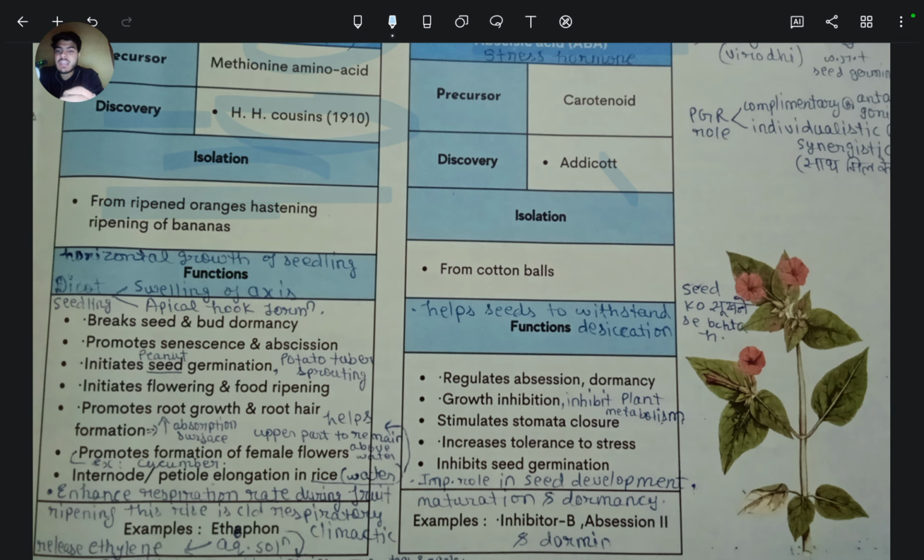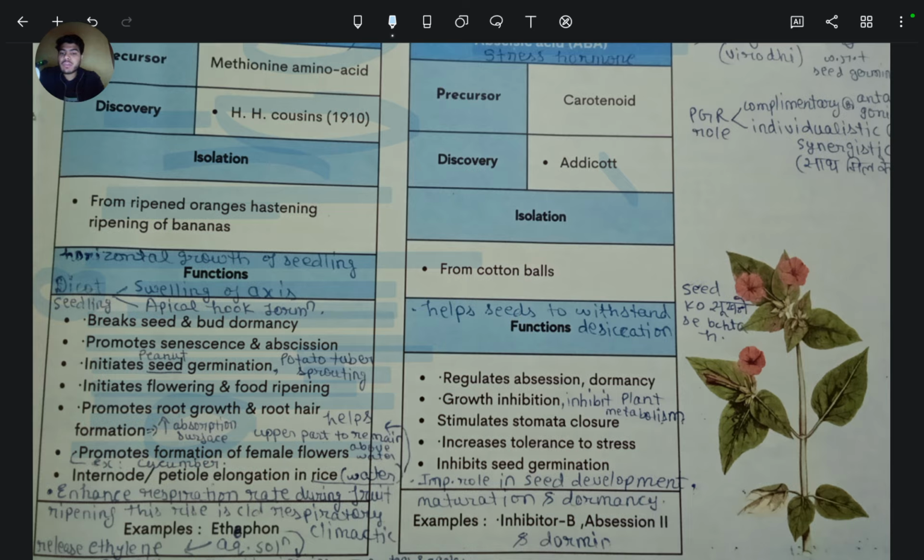Its function is horizontal growth of dicot seedling, swelling of the axis, and apical hook formation. It breaks seed and bud dormancy, promotes senescence and abscission, and initiates peanut seed germination and potato tuber sprouting. It initiates flowering and fruit ripening, and promotes root growth and root hair formation for increased absorption surface.